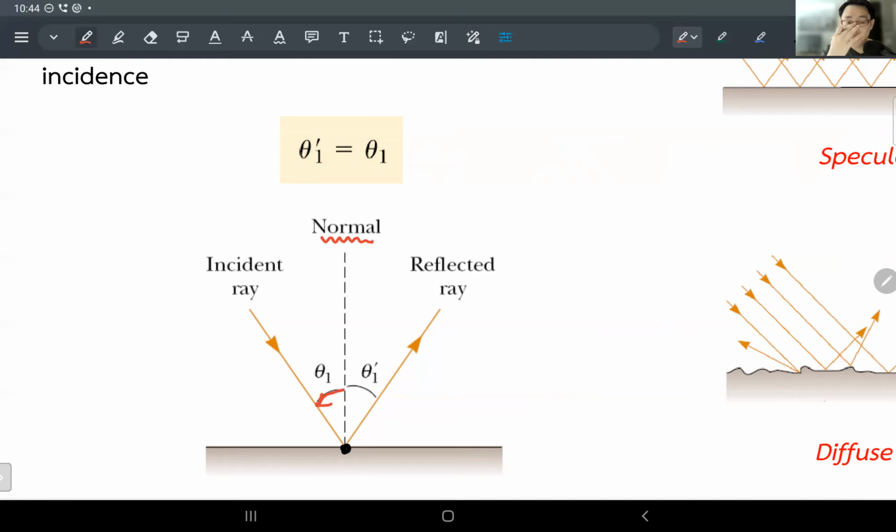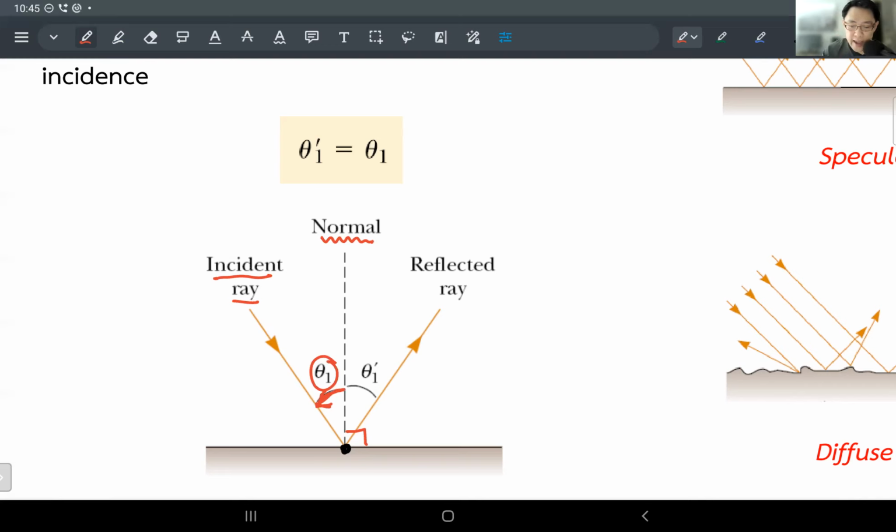Every time you have a point of contact where light is trying to do something, you draw a line normal to the surface. In most formulas, the angle we talk about is measured with respect to this normal line. So if you have an incident ray hitting this point, making theta 1 angle, that angle is with respect to the normal line.